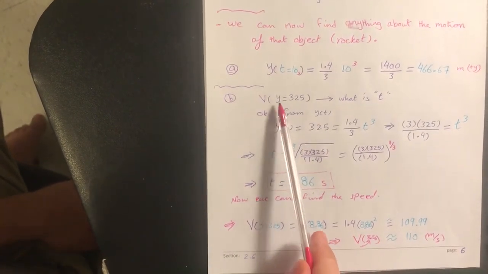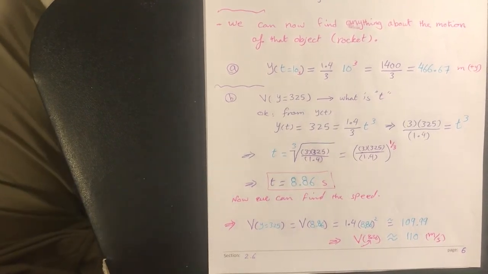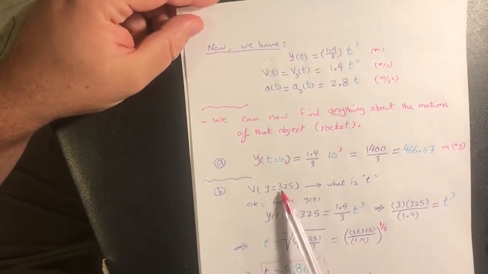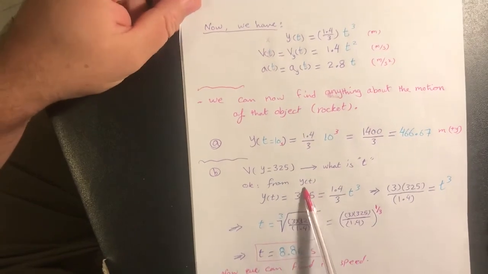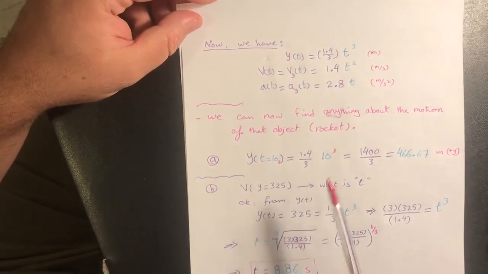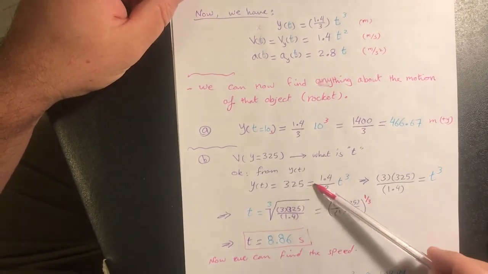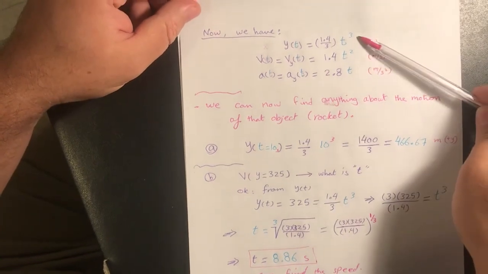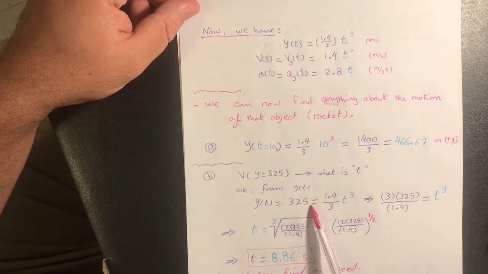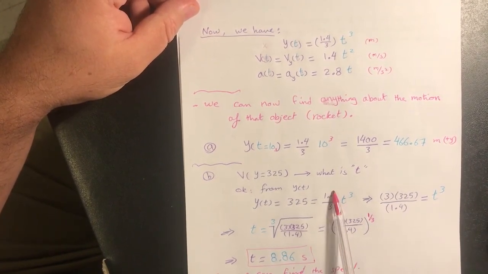What about the velocity at y equal 325 meters? What is t? We have v as a function of t, but not as a function of y. From the y function we can find t. We know y is equal to 325, which is equal to 1.4 over 3 t cubed. Now multiply by 3, divide by 1.4, and t cubed will be alone.